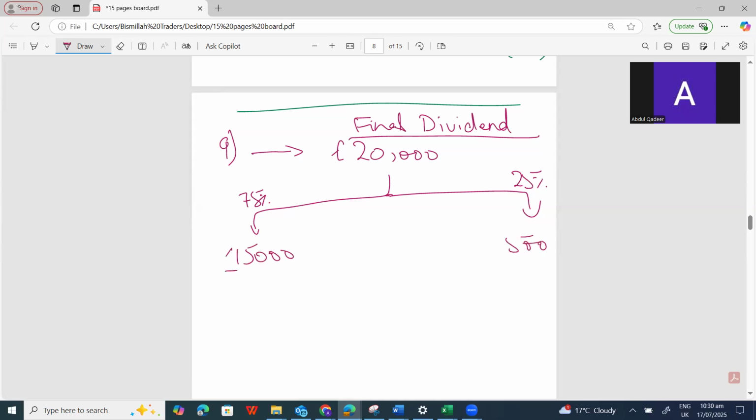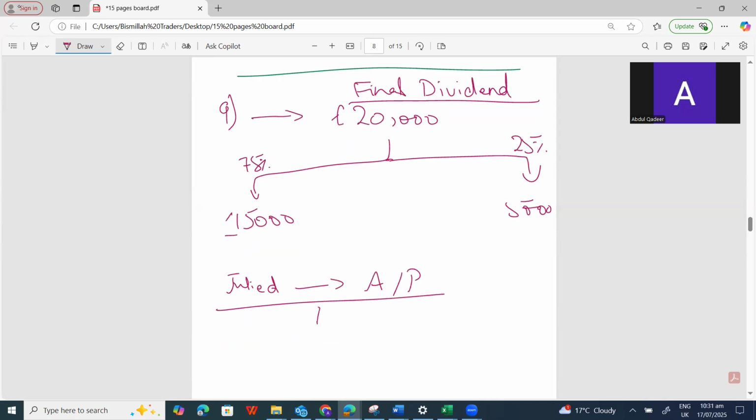5,000 to NCI. As Julie Limited has recorded it into account payable, we need to remove 15,000 from the account payable, as it is an intra-group transaction. 15,000 removed from account payable.